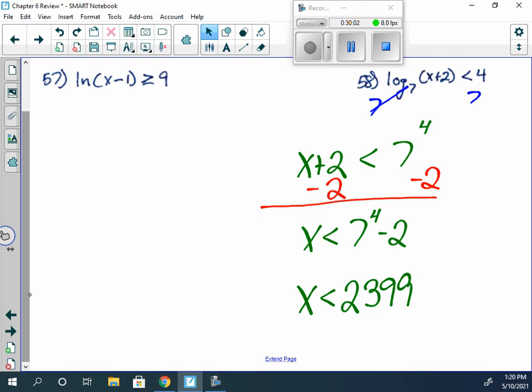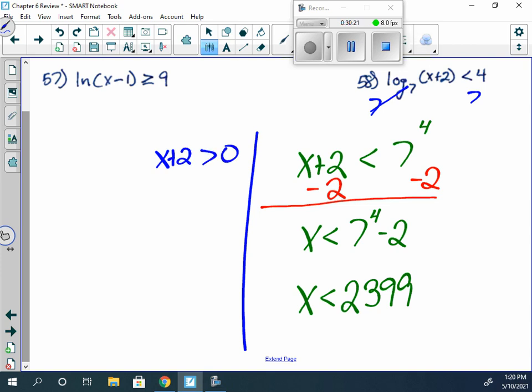Now looking at this here, does this inequality include negatives? Well, yes, because -1 is less than 2,399. So since negatives are included, we do have to take what's inside the logarithm and set it greater than 0, because whatever's inside of a log cannot be less than 0.